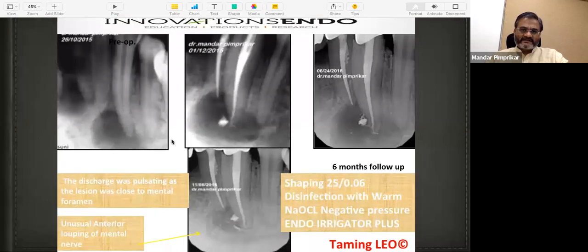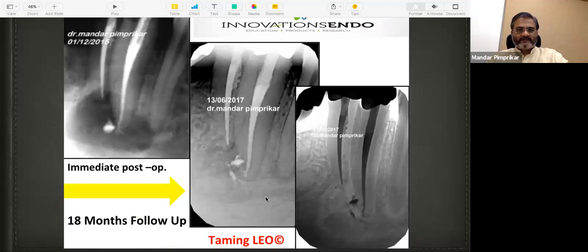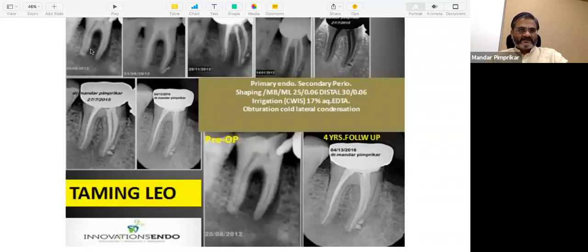Huge lesions like this, if you have the right approach, the right irrigant strategy in place, you can make them heal. This is about 18 months follow-up where you can see a completely healed lesion. A furcation lesion, where the isthmus shaping and cleaning is fundamentally important, where you can see the bone completely regenerating to a healthy state.